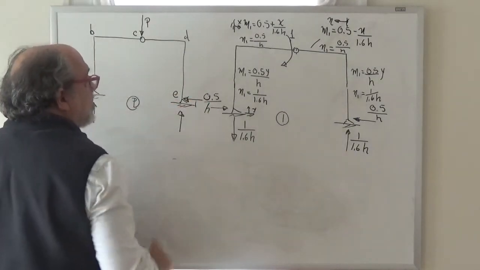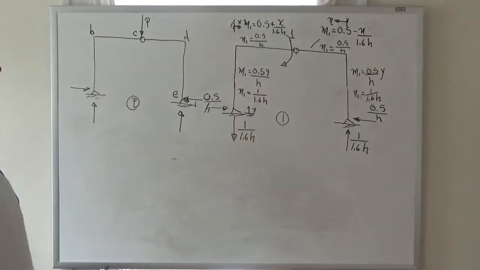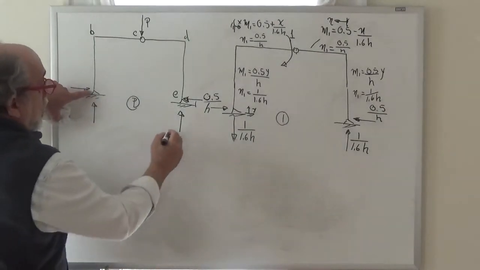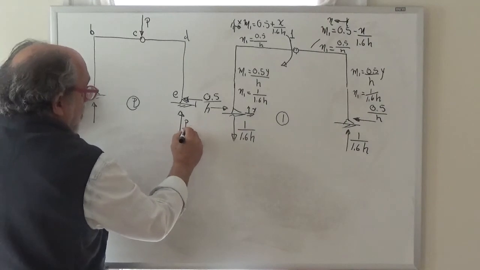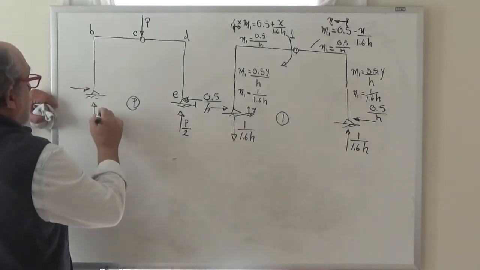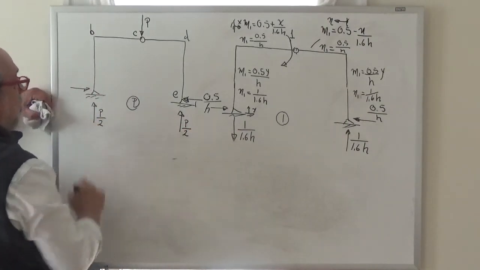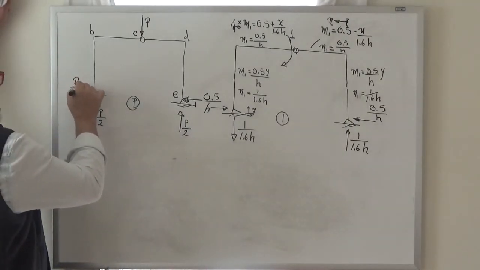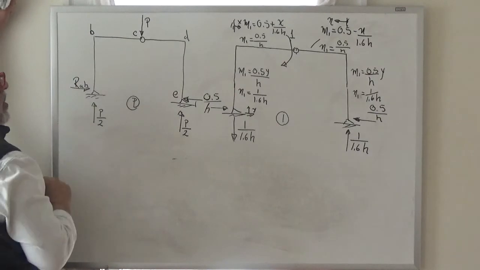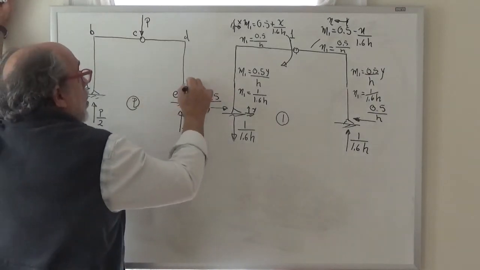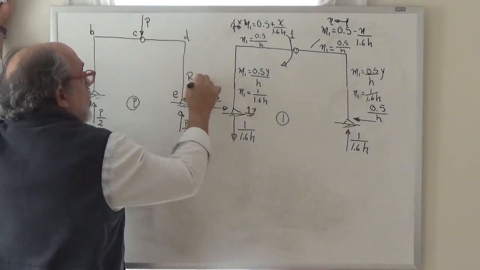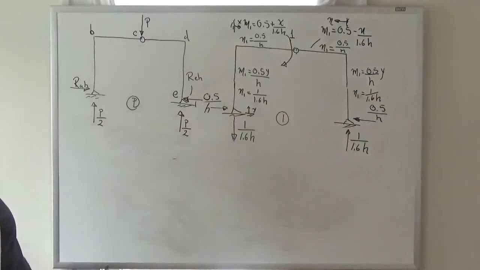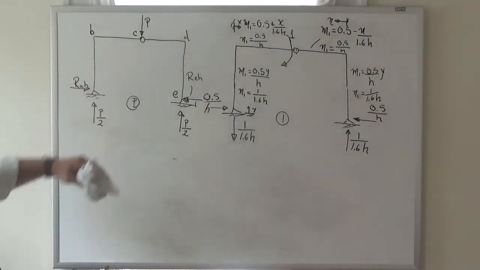Which I can take in these directions. Now, from the sum of the moments about this point, we will find that this reaction is P over 2, and from the sum of the verticals, this reaction is P over 2, and we cannot calculate from the free body diagram of the whole thing what is the reaction at A in the horizontal or what is the reaction at E in the horizontal. Those cannot be computed from the free body diagram of the whole thing.